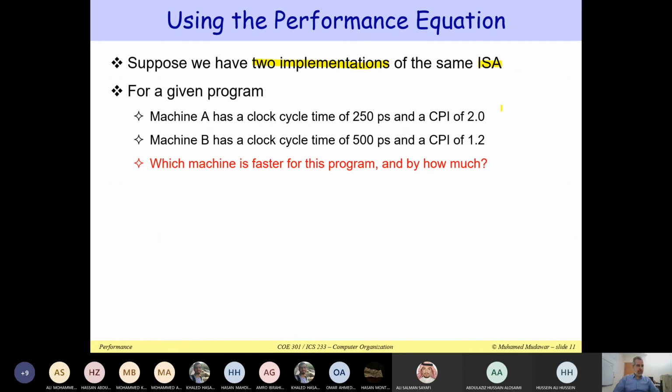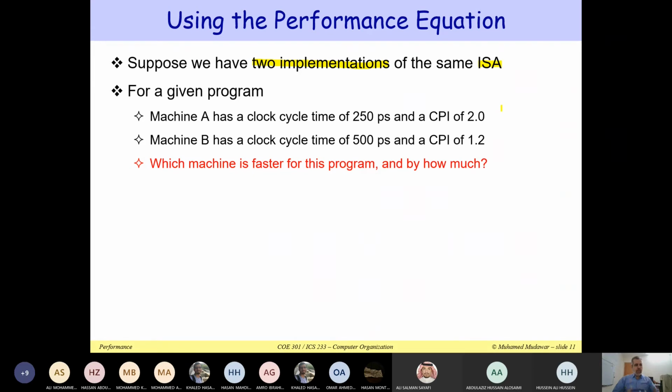It has improved. If we go back 20 years, or even to the 1990s, Intel had different implementations of the same instruction set architecture. The same thing for ARM.